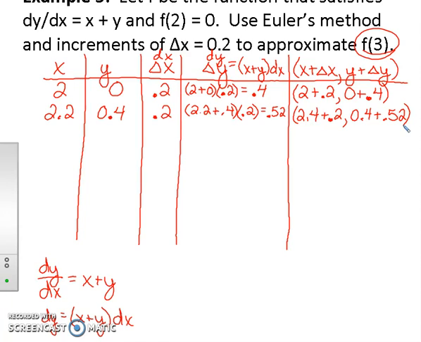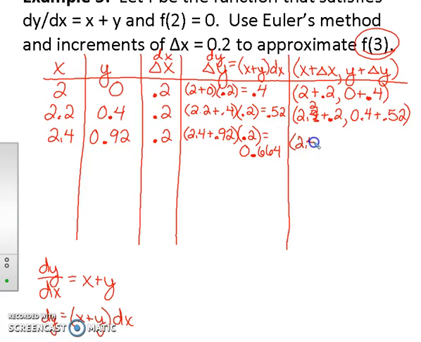So now my point, oh, that should be a 2.2, sorry. So now my point is 2.4, 0.92. Again, change in x is 0.2, change in y is 2.4 plus 0.92 times 0.2. So that would be 0.664. So my x coordinate is 2.4 plus 0.2, and my y coordinate is 0.92 plus 0.664.